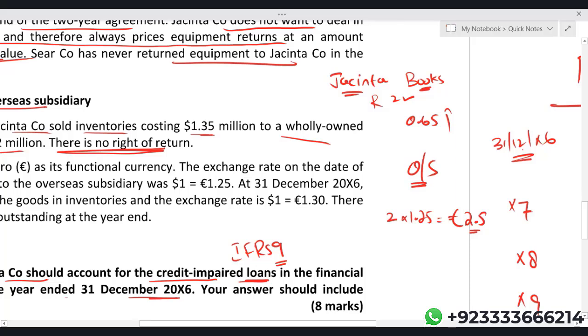So obviously for the subsidiary, purchases are 2.5 million. Is this clear? For the subsidiary, the purchase price is 2.5 million. Is this clear? Yes or no?